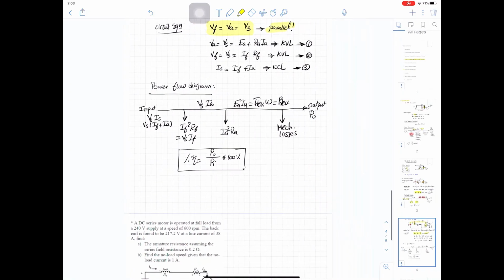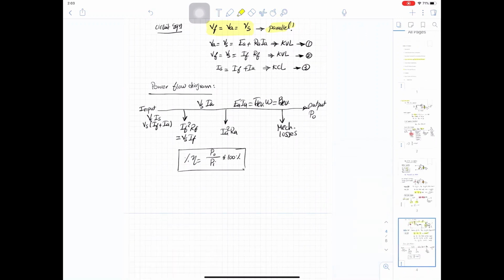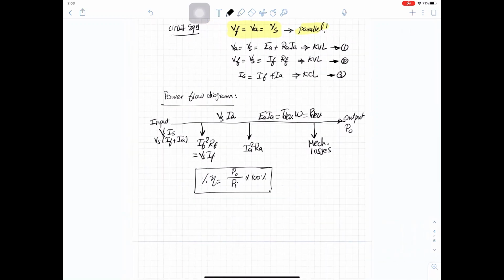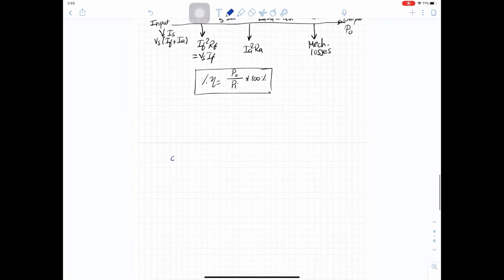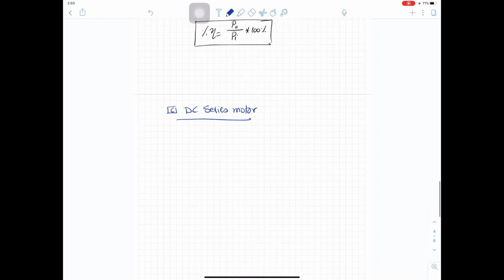The last type of machine we have is the DC series motor, or series DC motors, and from the name, we will connect the field and the armature in series.